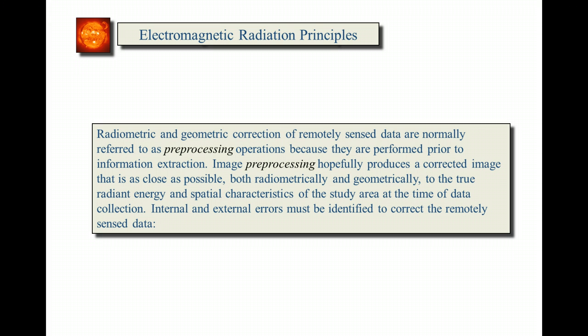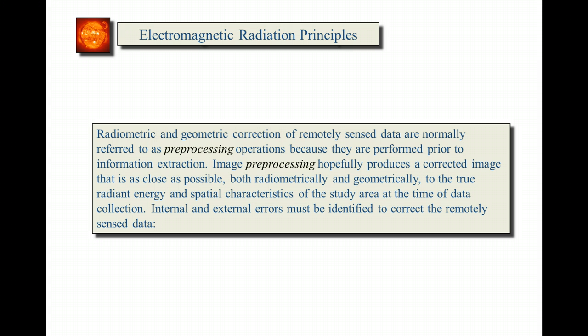So again, we normally refer to this as pre-processing, although it is processing, but it's usually the first sort of processing that we do to these data, both at the level of the different agencies that collect the data, and then here once it comes into our hands, we sometimes apply corrections and pre-processing to them as well.